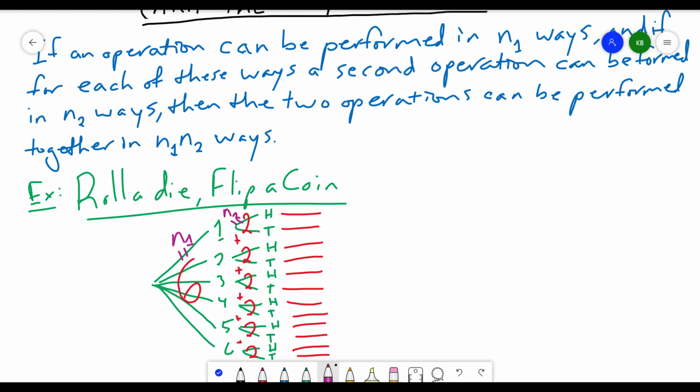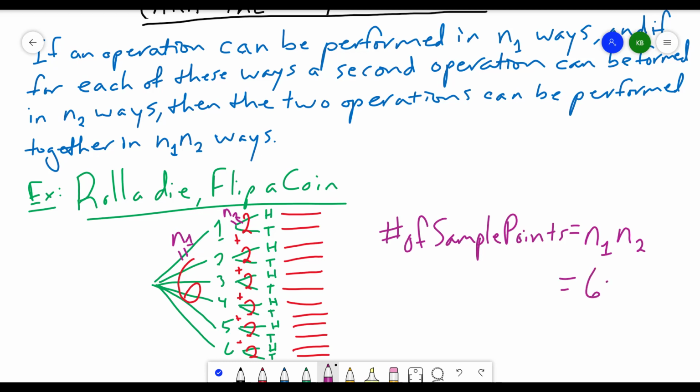And so the multiplication rule says the number of sample points equals n sub 1 times n sub 2, which in my case equals 6 times 2, or 12.